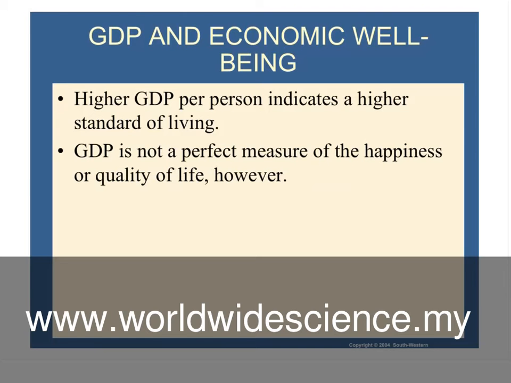Standard of living doesn't guarantee happiness or quality of life, but for sure it represents the standard of living. The higher the GDP is, the higher the standard of living, which is probably expenditure and all that, but it doesn't guarantee happiness and quality of life.